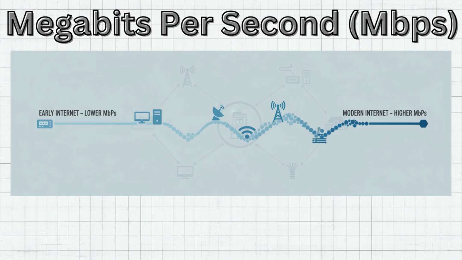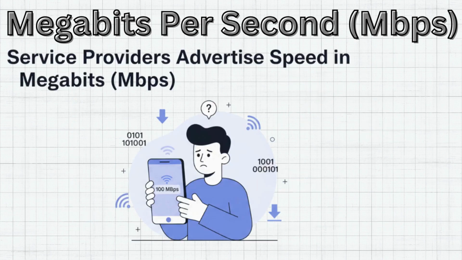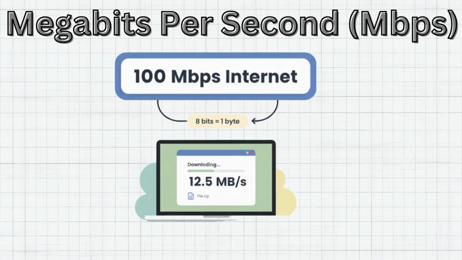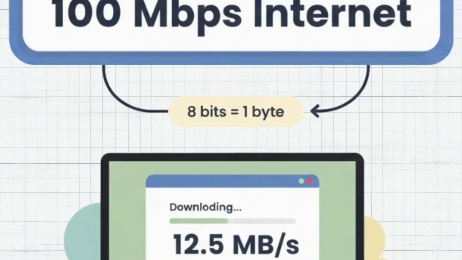As internet infrastructure improved, Mbps speeds steadily increased, making the online experience smoother and more interactive. This is also where many people first encounter confusion because service providers advertise speed in megabits, while devices often display download progress in megabytes, which are 8 times larger than bits.